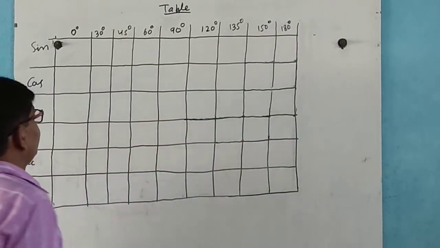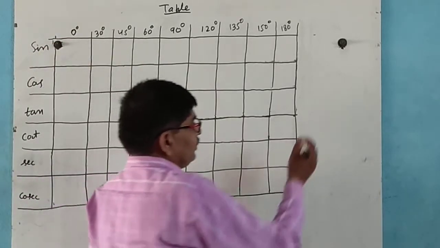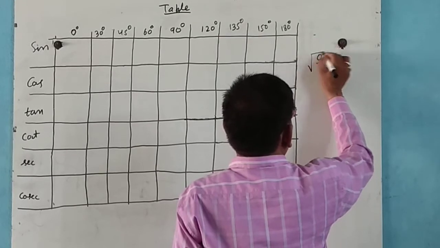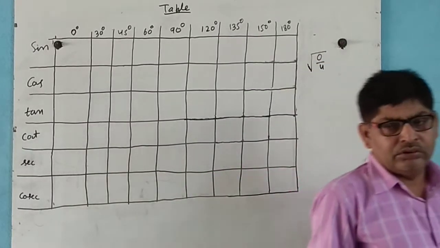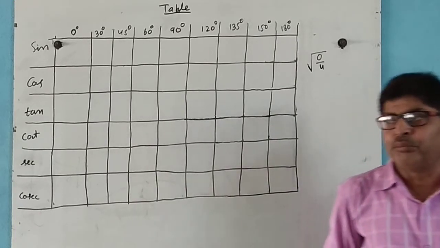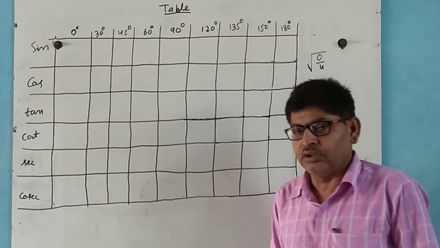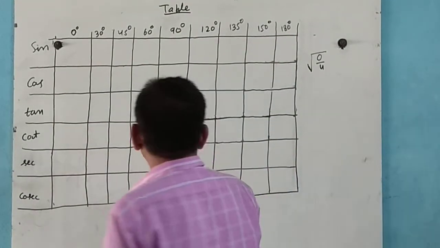Now, what is the value of sin 0 degree? 0 by 4. Here is a simple method to remember these tables. There is no difficulty.